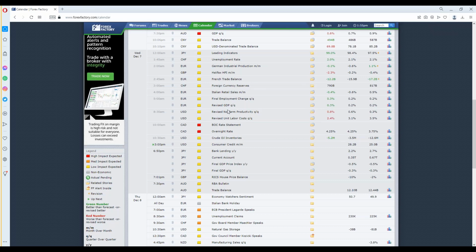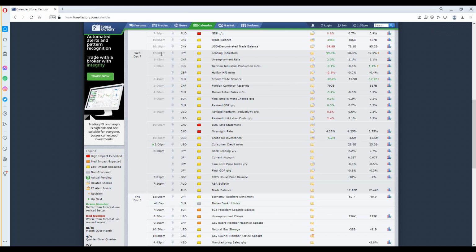So if you're a euro trader and you see revised GDP, it's just something to be aware of. It might have an effect on the market at 5 in the morning if you're trading then. But you can see today was pretty quiet. We just had Canada and crude oil.